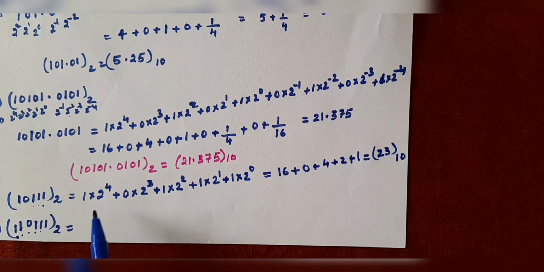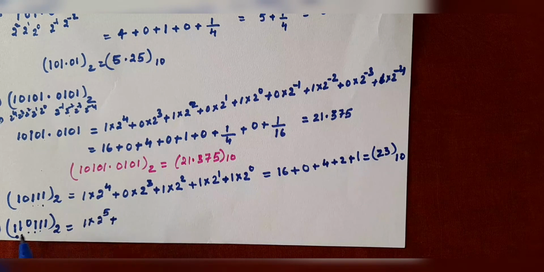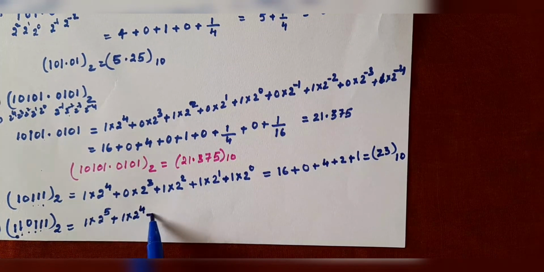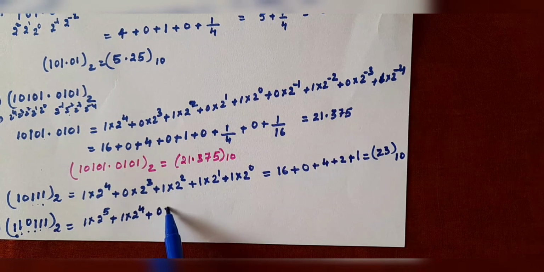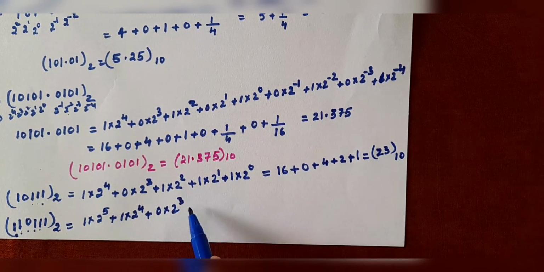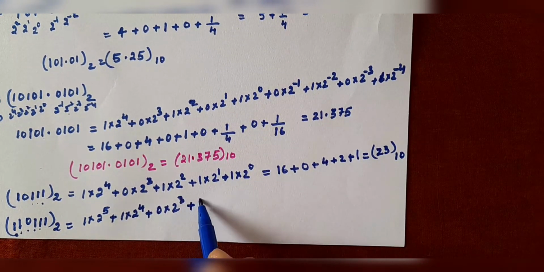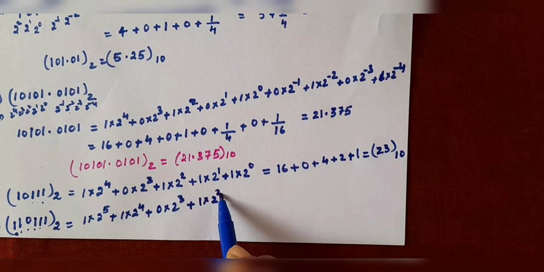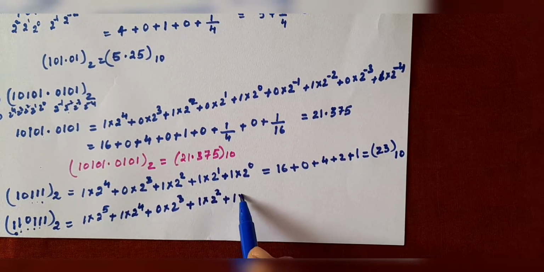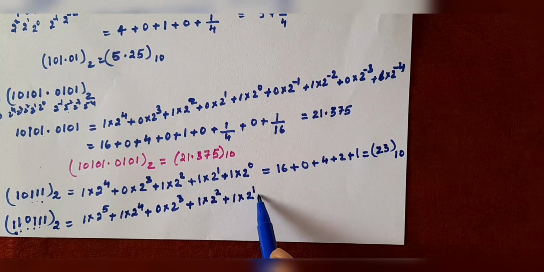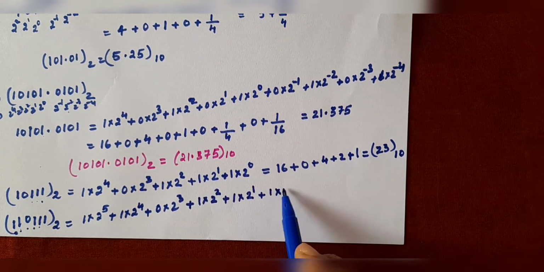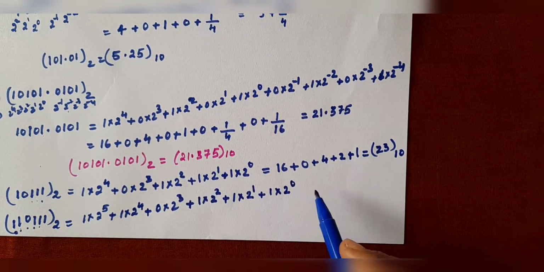So start from here. 1 into 2 to the power of 5 plus 1 into 2 to the power of 4 plus 0 into 2 to the power of 3 plus 1 into 2 to the power of 2 plus 1 into 2 to the power of 1 plus 1 into 2 to the power of 0.